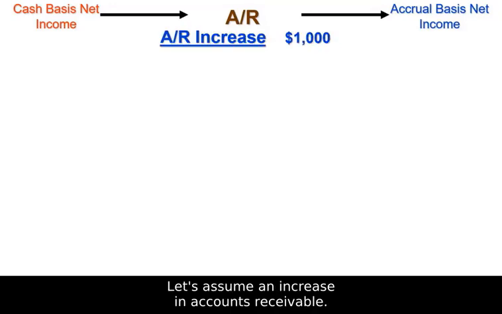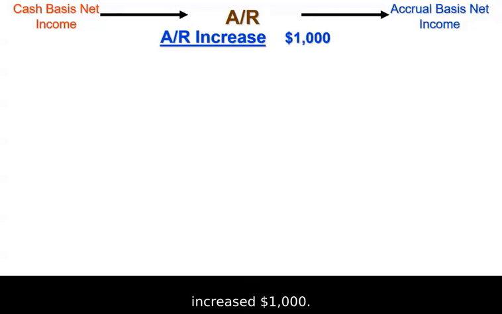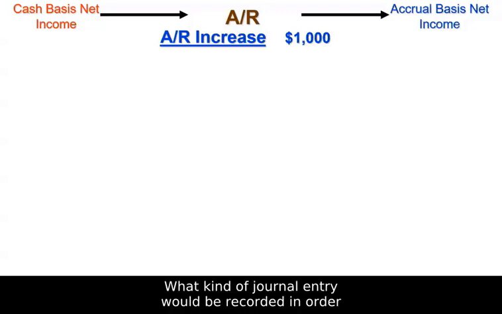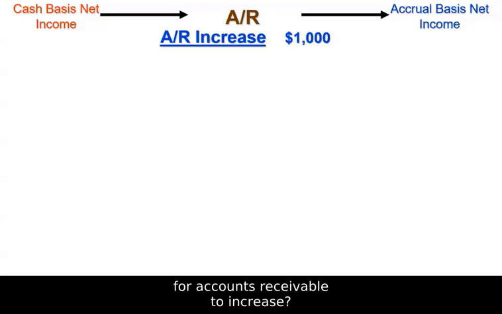Let's assume an increase in accounts receivable. The first question is, did it increase or decrease? Well, here we are being told accounts receivable increased $1,000. Second question, what kind of journal entry would be recorded in order for accounts receivable to increase?